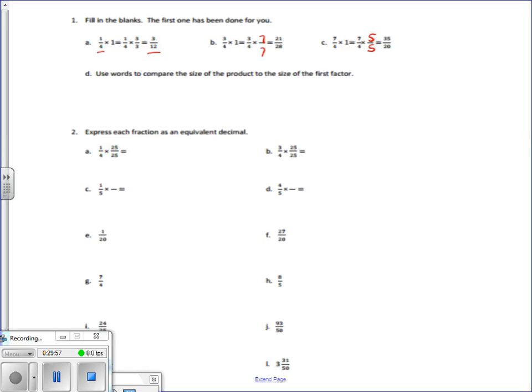How could you compare the size of the product to the size of the first factor? In any of them, A, B, or C, how would they compare? Jeremy?